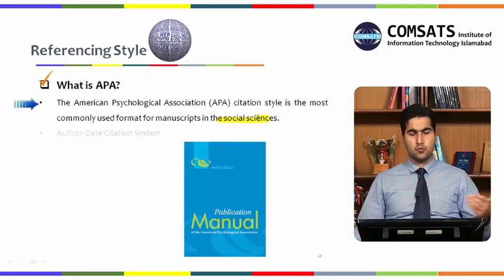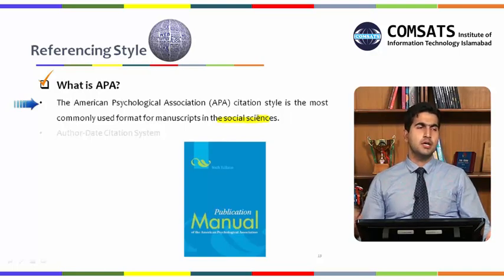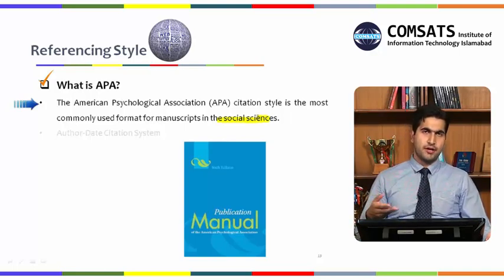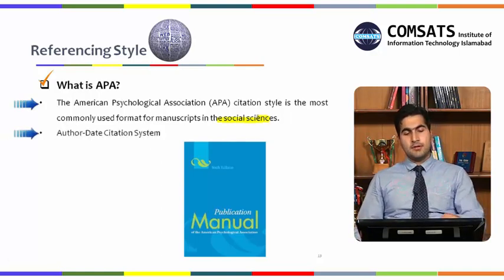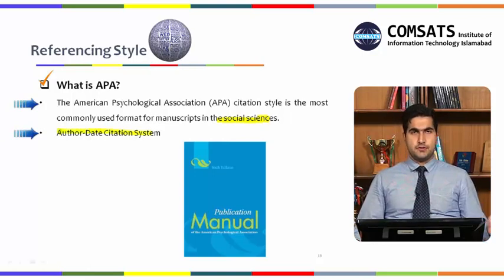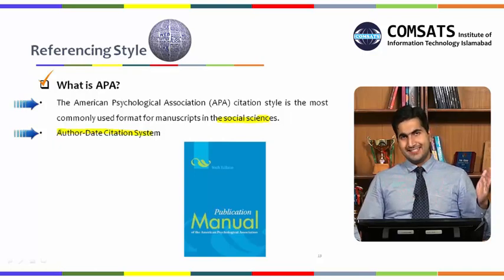It is used quite a lot, which is why its application and use should be understood very carefully. The previous one is also used, and its idea would have helped you to understand different concepts, but now I want you to be very careful. It's known as the author-date citation system, because these two things are important and should be provided. You provide an author and date and then you provide the detailed reference at the end.